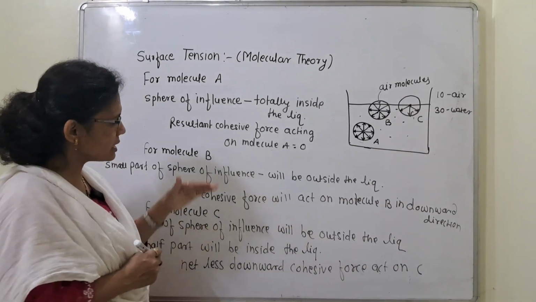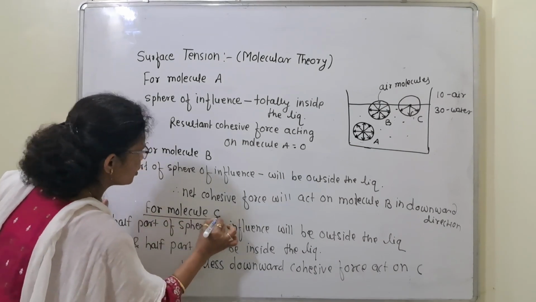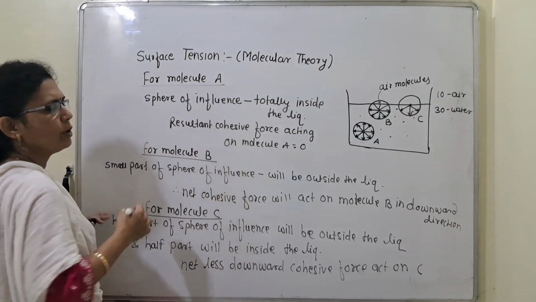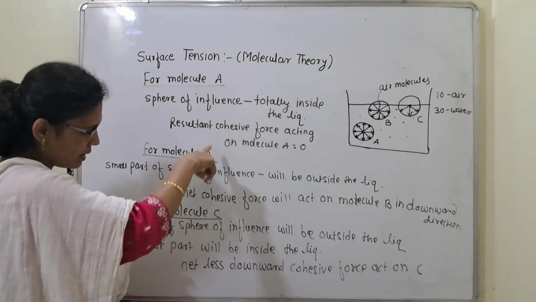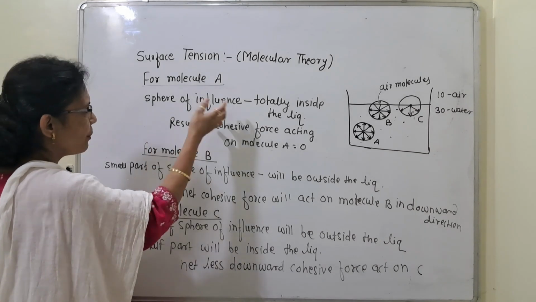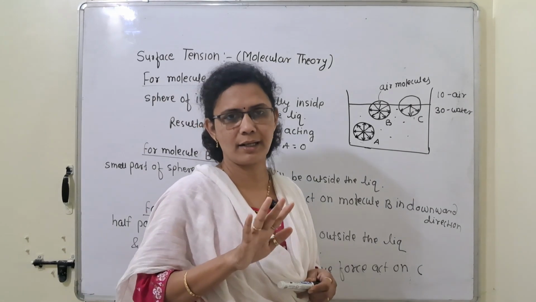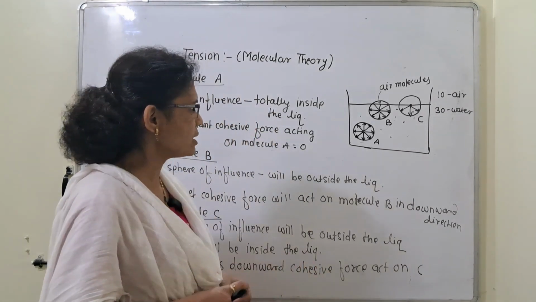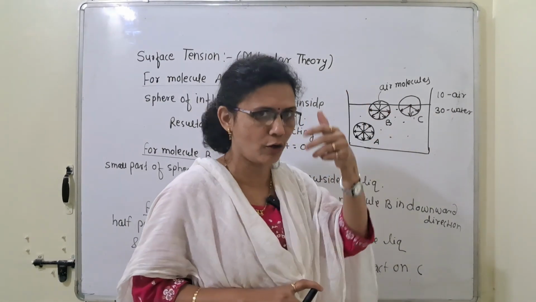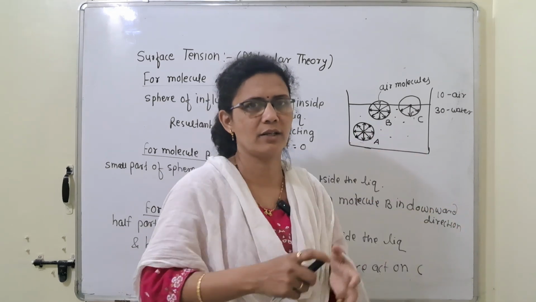Okay, so these are the important things you have to write about the explanation of molecule A, molecule B and molecule C. These things must come in your explanation. And don't write half part of molecule A or small part of molecule B. Don't write like this, because it is half part of sphere of influence, small part of sphere of influence and whole sphere of influence that is inside the liquid.